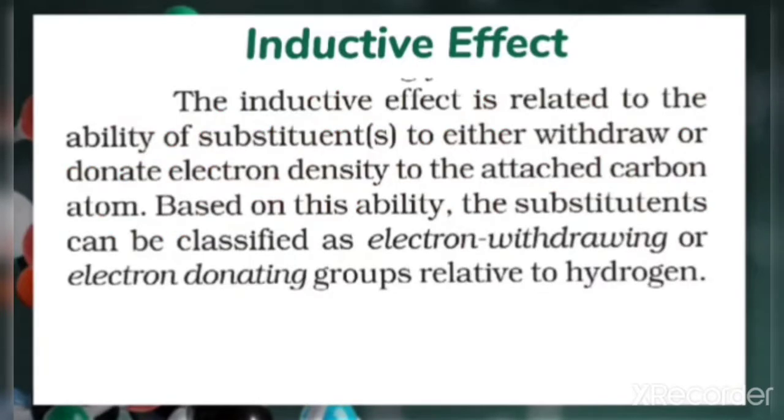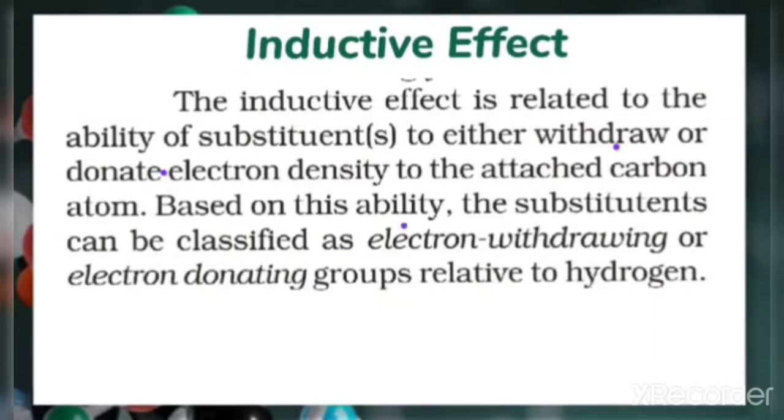The inductive effect is related to the ability of substituents to either withdraw or donate electron density to the attached carbon, and this effect depends upon the substituent. There are some substituents which have a tendency to withdraw the electron density, and some have the tendency to donate the electron density to the attached carbon atom.